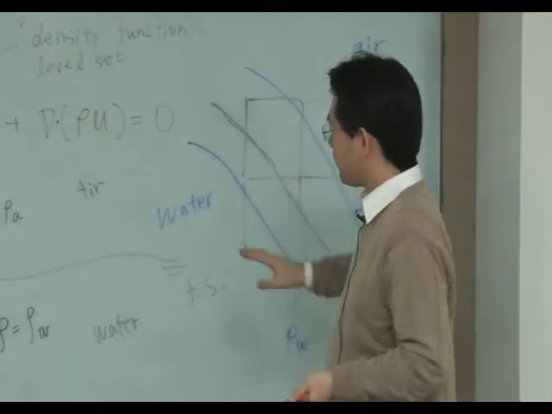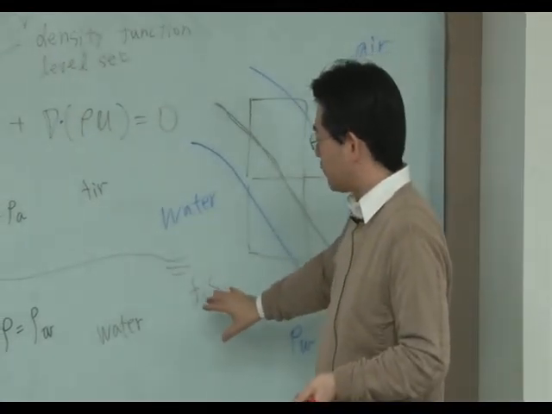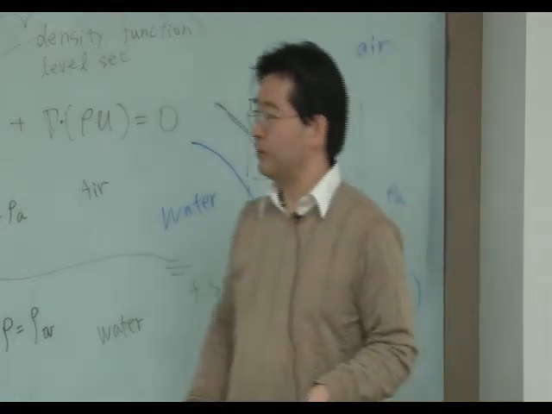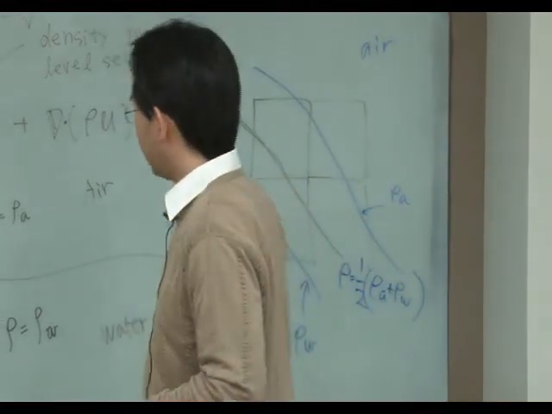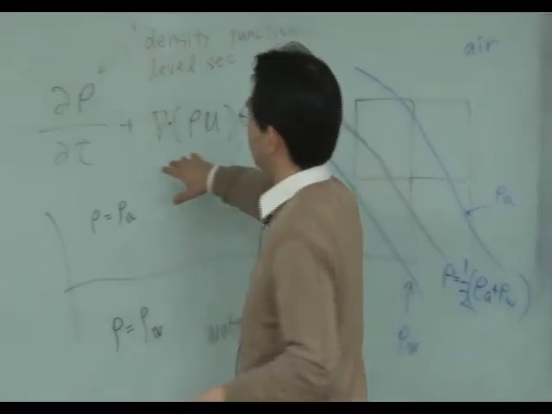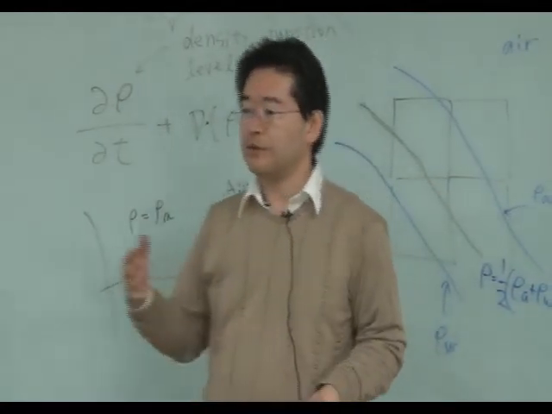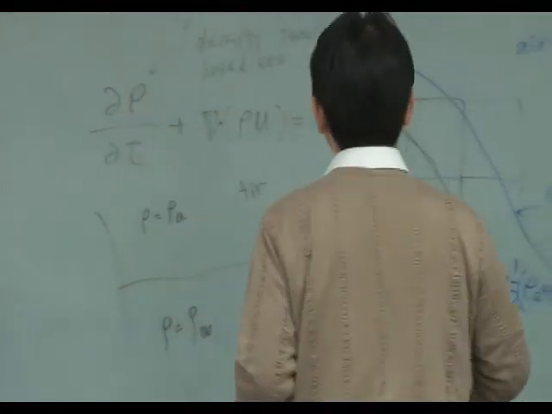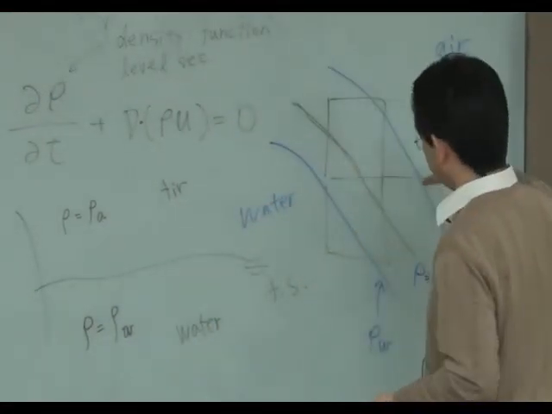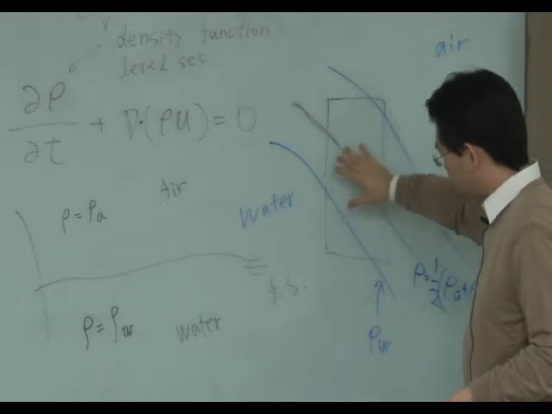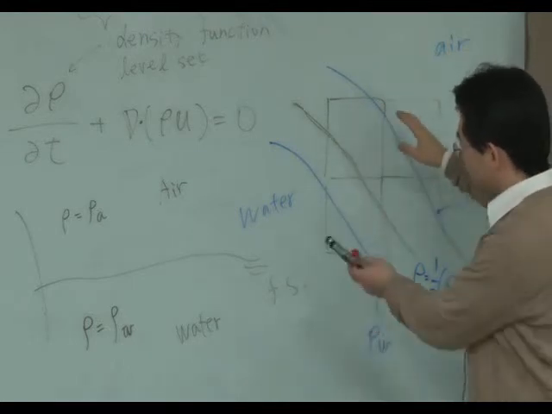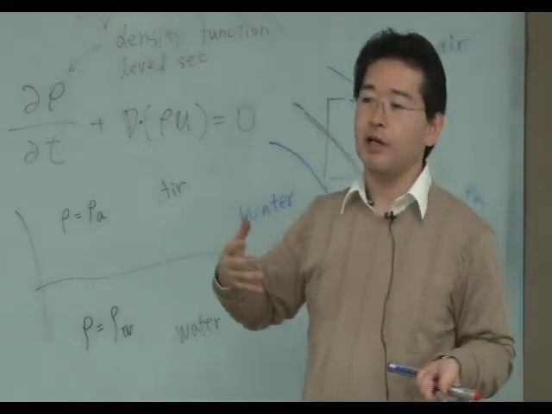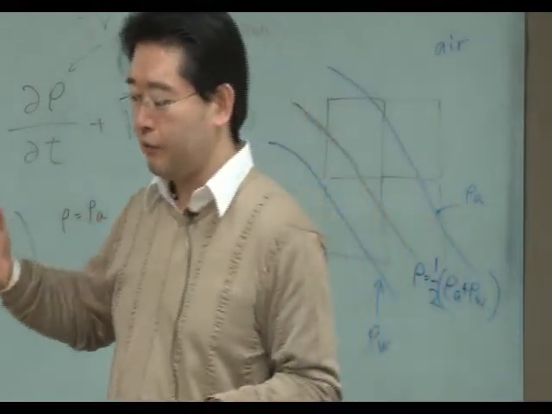If a control volume is far from this front surface, this transport equation does nothing. But near the free surface, this distribution of density is moving according to the fluid motion.